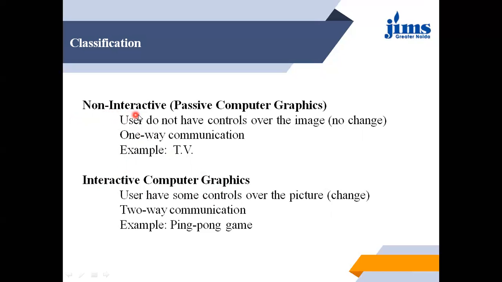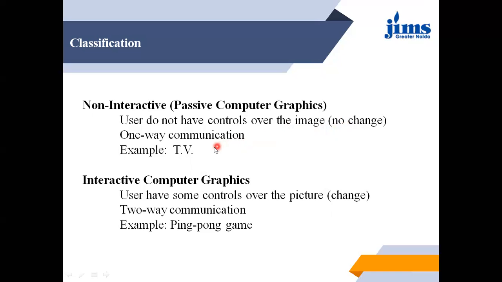Non-interactive computer graphics is also called passive computer graphics. This is one-way communication, meaning the user does not have any control on the image, and cannot edit or change the image or object.